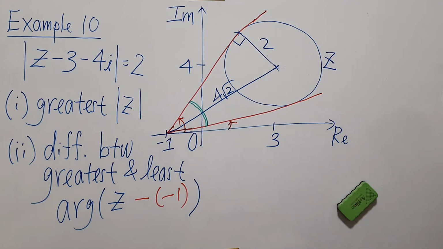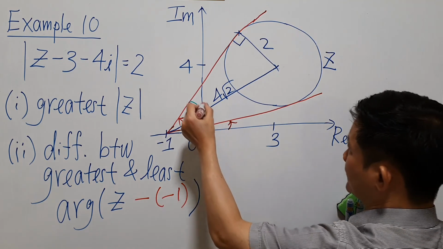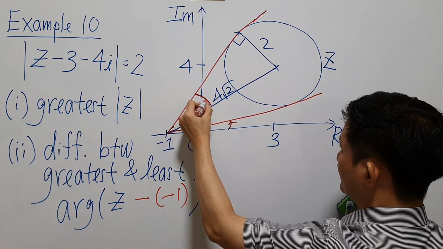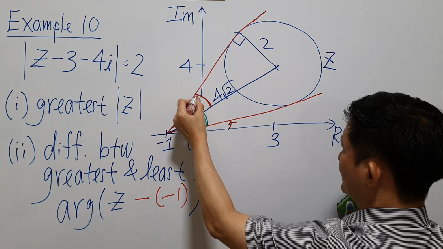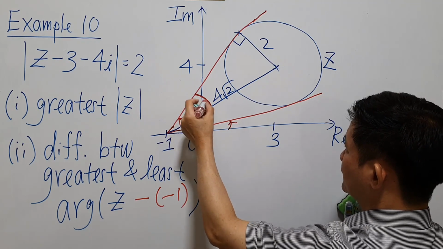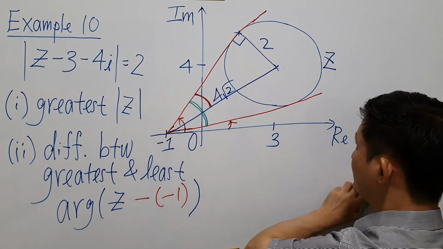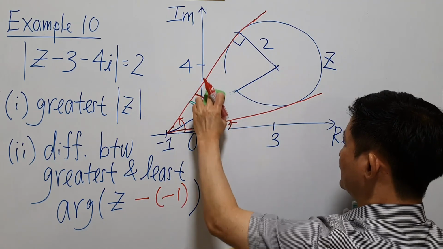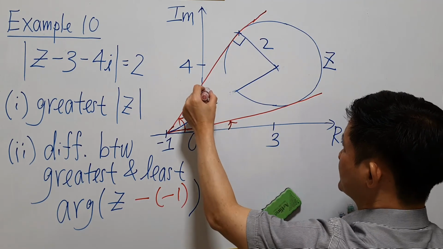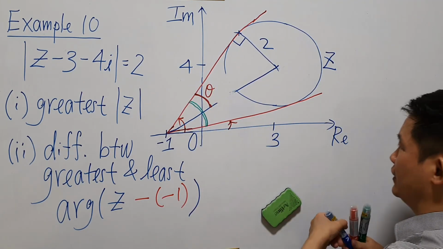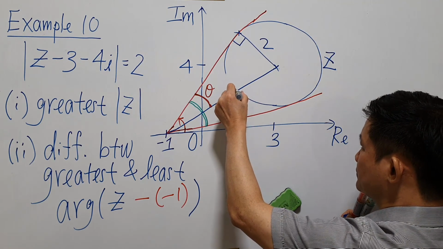To find the green angle, you can first find this angle. Let's give this angle a name. Let's call this angle theta. Let me put back the missing thing.